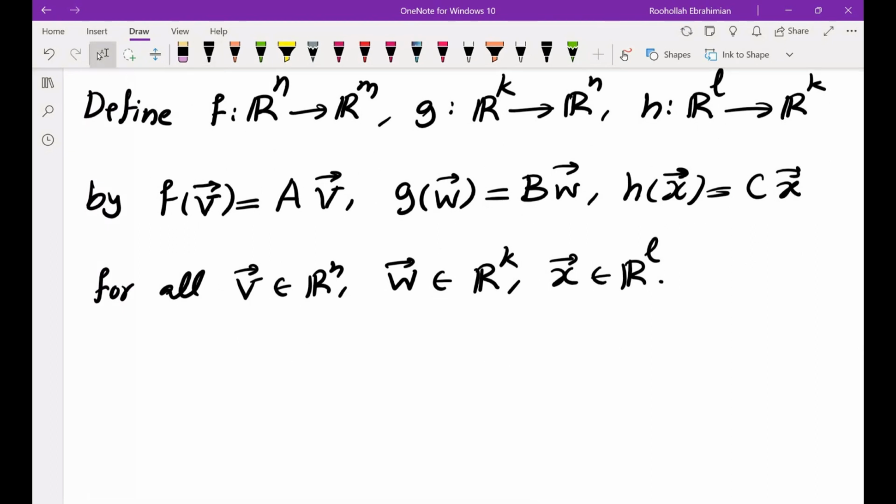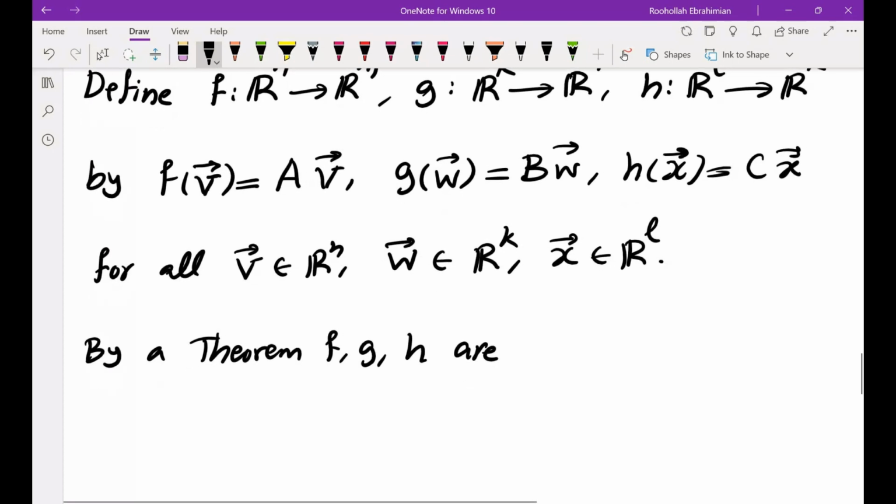Okay, so by the theorem that we had discussed in a previous video, f, g, and h are in fact linear. Now I'm going to look at the compositions of these.